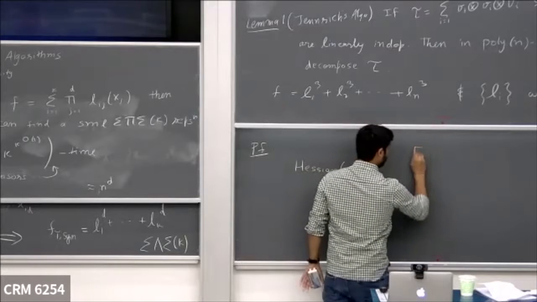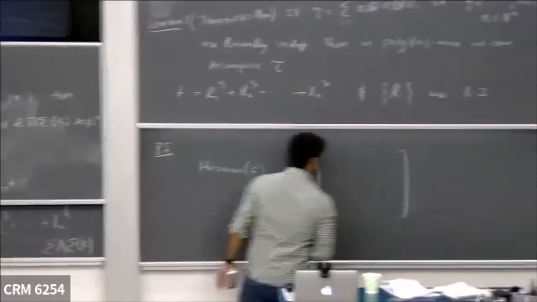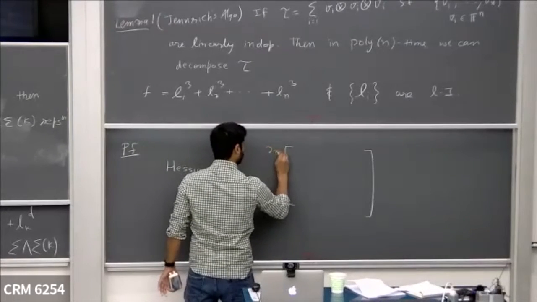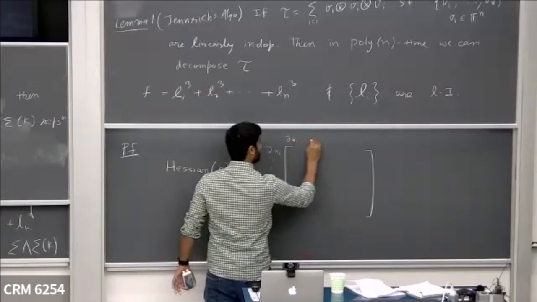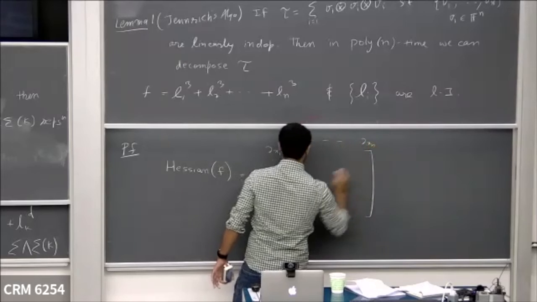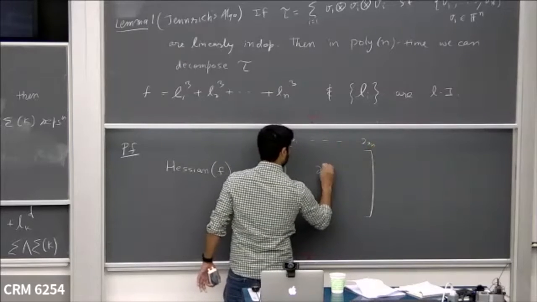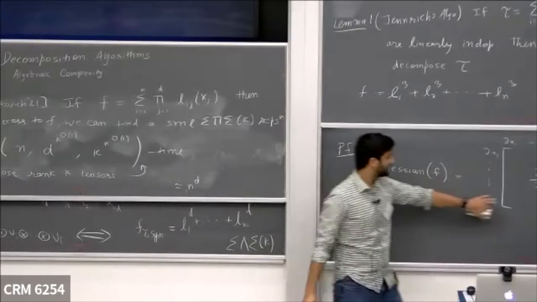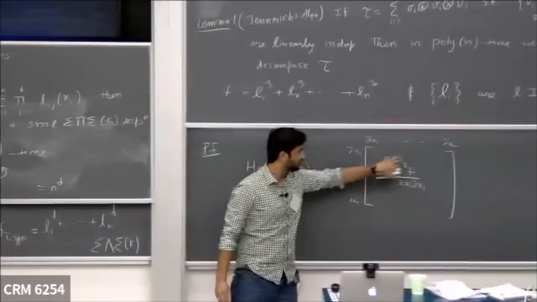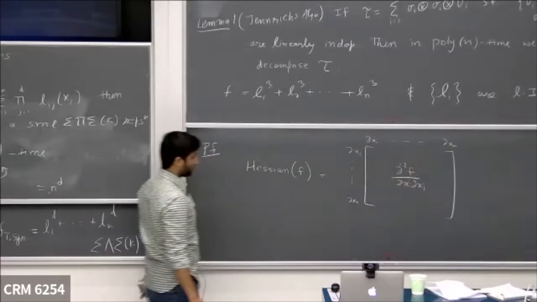You look at second order partials. Fill it up. So you have del x1 dot dot del xn, again del x1 dot dot del xn, and the ith jth entry is, if you have black box access to f, just the first, second order partial derivative. You can get black box access to all the partial derivatives.